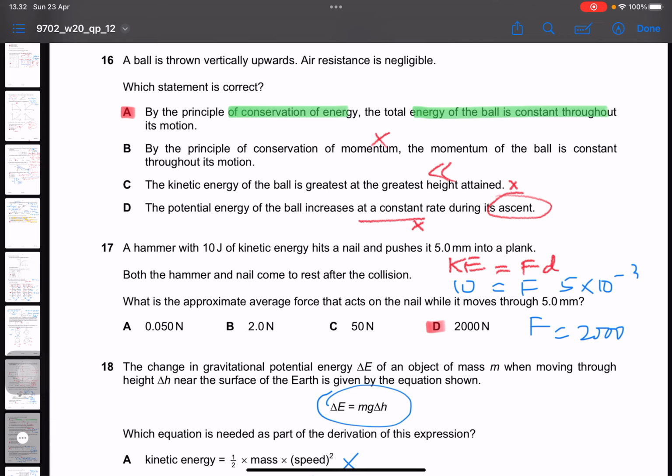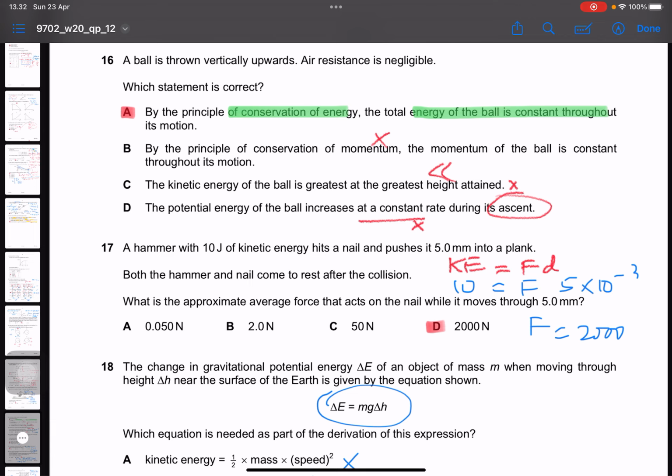Since air resistance is negligible, the total energy is constant. B. By the principle of conservation of momentum, the momentum of the ball is constant throughout the motion. Momentum is different, since the direction of velocity is different. So different position, different velocity, different momentum. So B is not correct.